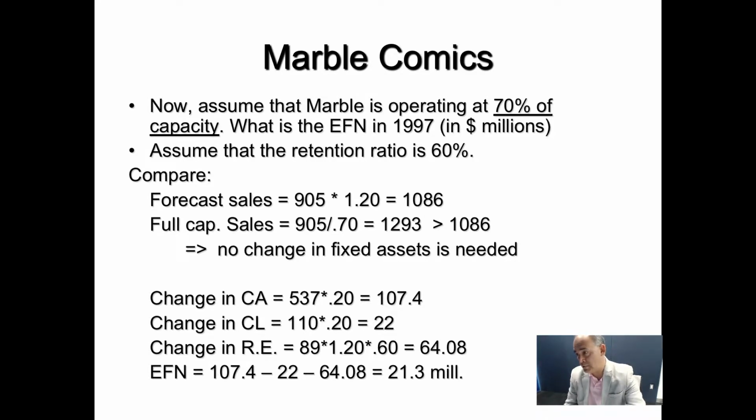I increase it by 20%, so that will provide me the net income of 1997. Then I know that the retention ratio will be the same, 60%. So I apply the 60% to it, and then I have $64 million. If I subtract from the change in current assets the change in current operating liabilities and the change in retained earnings, then I get $21 million.